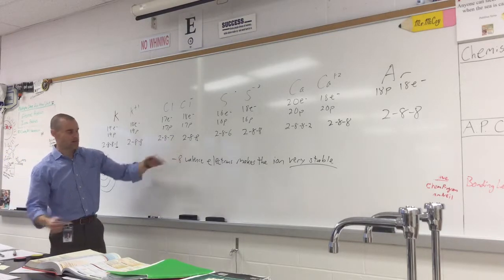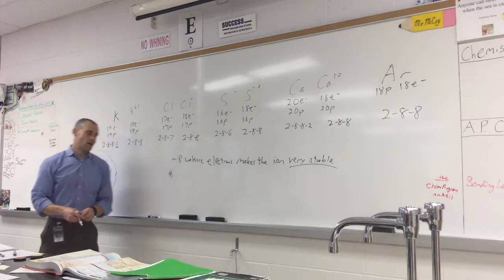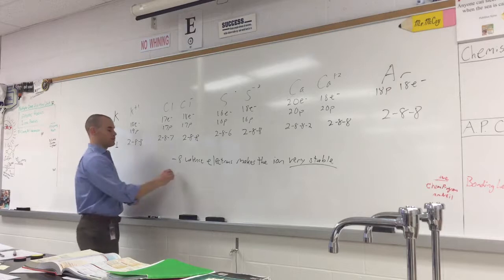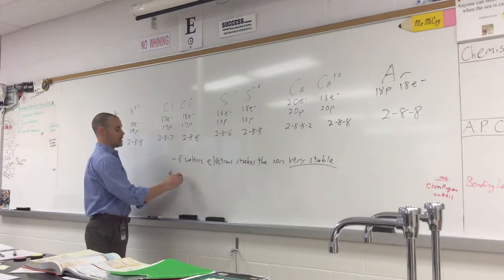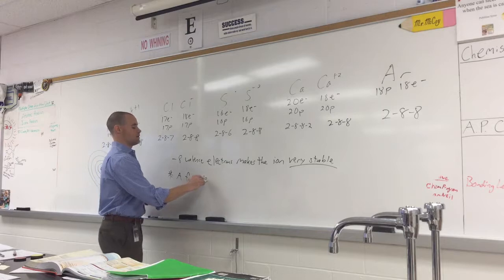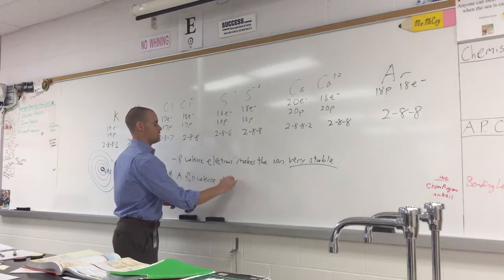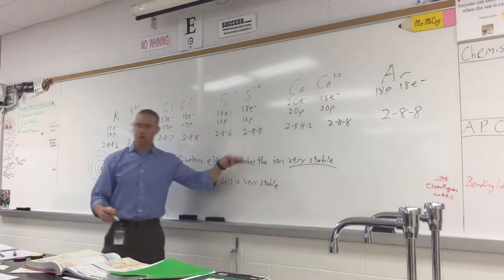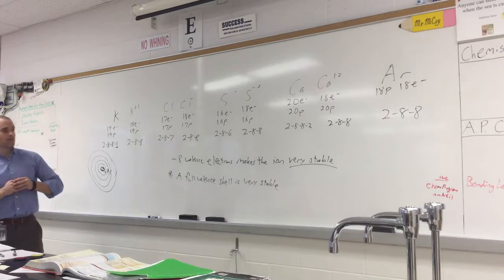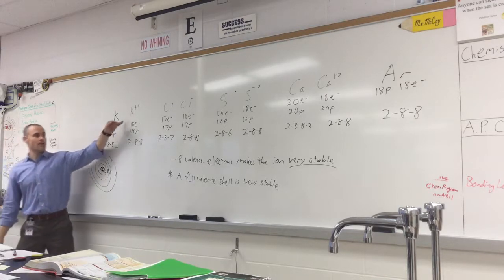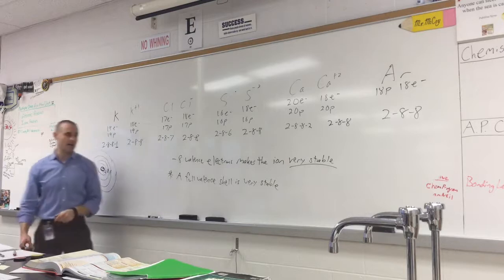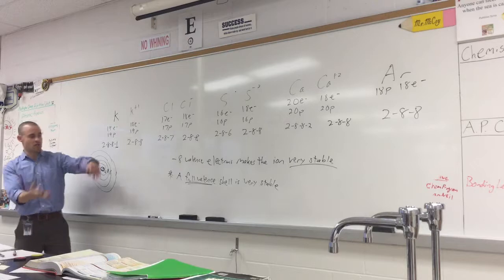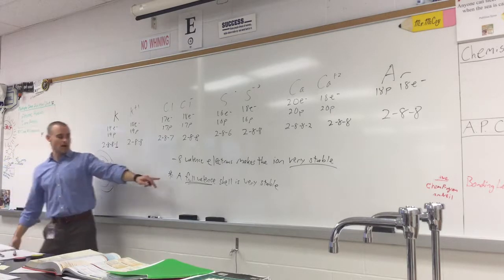Another way to word this, a little star here, a better way, is a full valence shell is very stable. And I'm going to explain more with this moving forward. But it's important for you to understand that the way these ions work is that 8. But then this here, a full valence shell, that means 8. Full valence means 8. This is a better way to say it though.